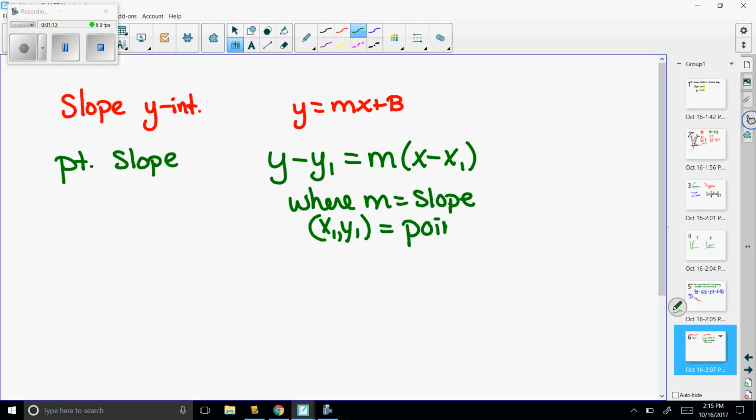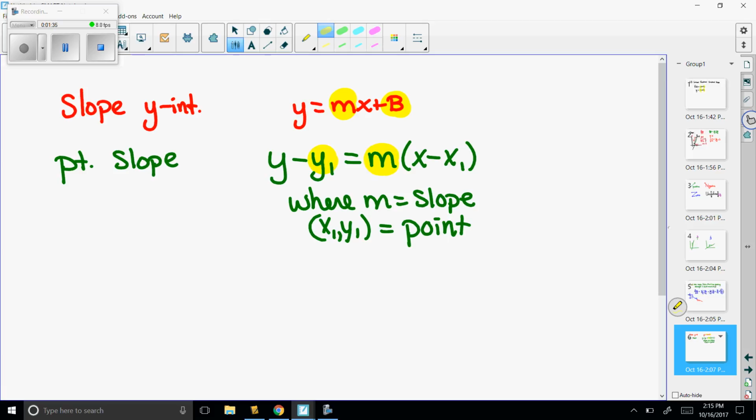It's your point. So if I highlight where numbers should be when you write your equations in the slope y-intercept format, numbers are going to be in those highlighted positions. M is your slope, B is your y-intercept. If I look at the point slope format, M is your slope, you will have a number there.